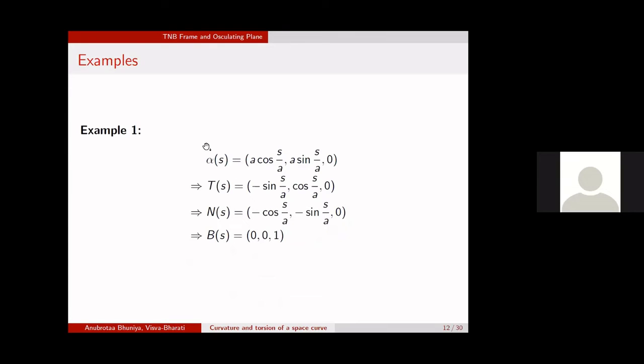Now I'm getting T, N and B for the circle. We are taking the reparameterization of the circle by the Euclidean parameter, and T here becomes like this, N like this, and B here is a constant vector. Whatever the point alpha s is, at that point B is a constant vector. And this is actually pointing towards the positive z axis. And that is what we want, right?